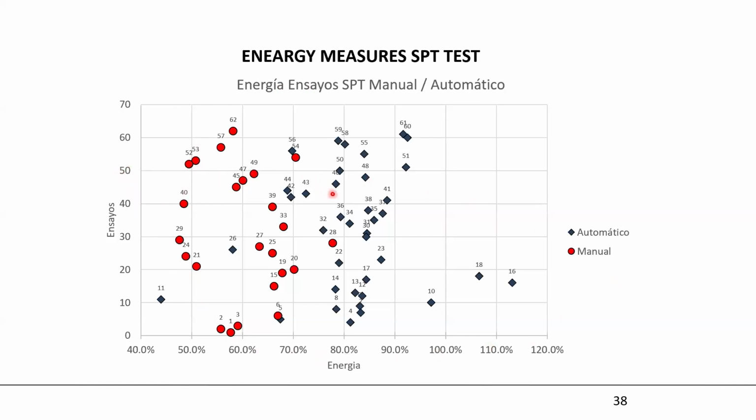Reviewing that, if you have the test with a manual hammer, the energy results range from 47 to nearly 80.